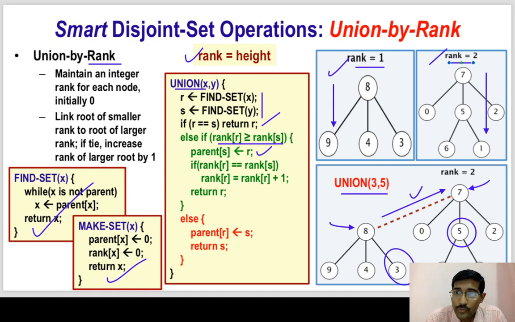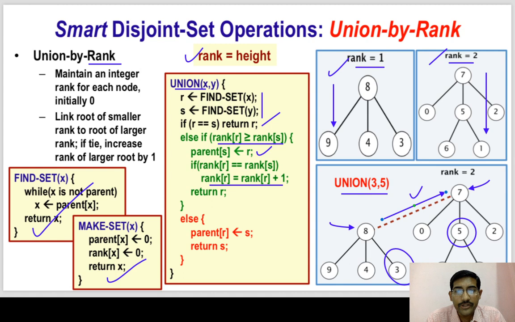In case of a tie, we just increase the rank by 1, because we make the same kind of connection as we have done here, but we increase the rank of R by 1. Obviously, with two height-one sets, if one root is pointed to the other height-one or rank-one disjoint set's root node, that root node's rank or height increases, and that's why that height gets 1 added to it.